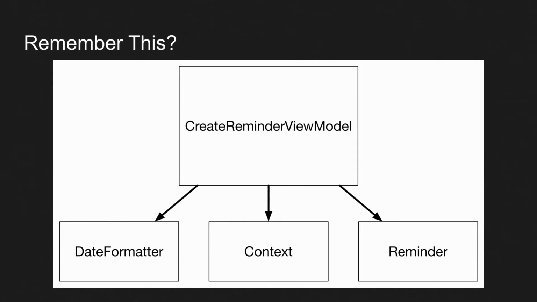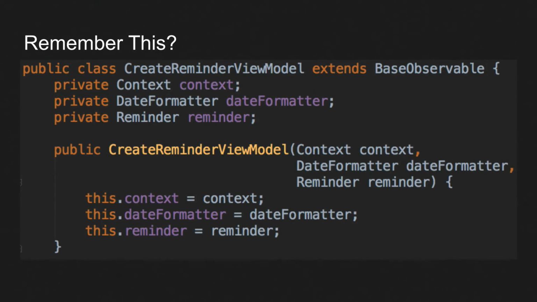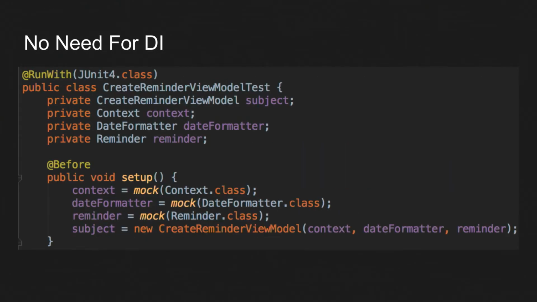And I can kind of sum up the dependency injection part like this: do not use dependency injection in your unit tests. If you stick to your principles, it should not be necessary. Remember this stuff, being very explicit about these dependencies. This is basically the code that it's going to generate for you. You are going to have this lovely public constructor where you can pass in all of your dependencies.